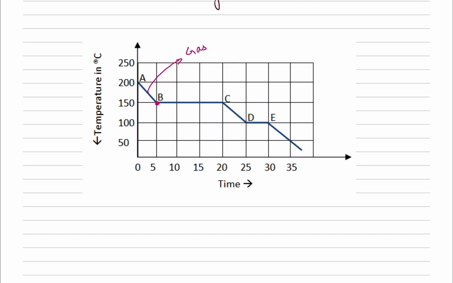At point B, you can say condensation begins. Condensation is happening from point B to C, and here you can have gas plus liquid. At point C, condensation stops.